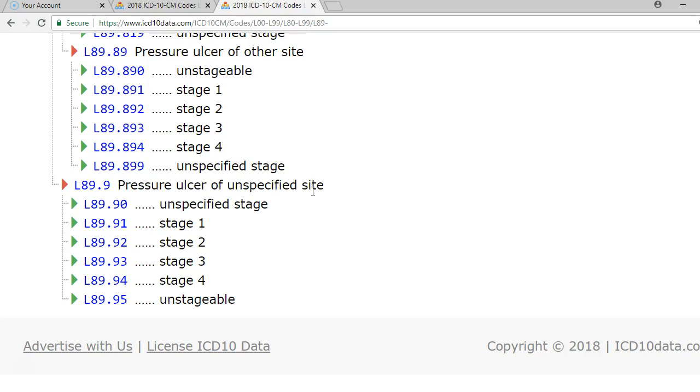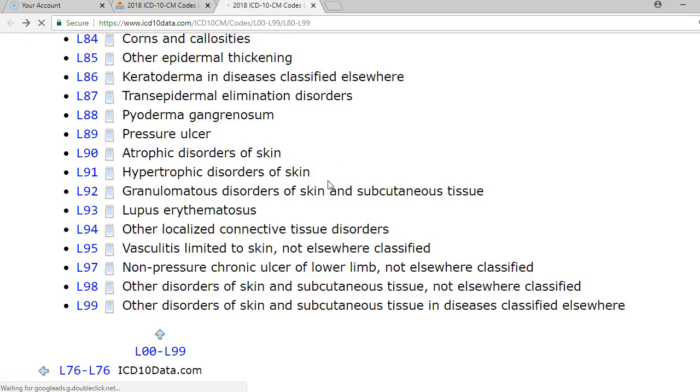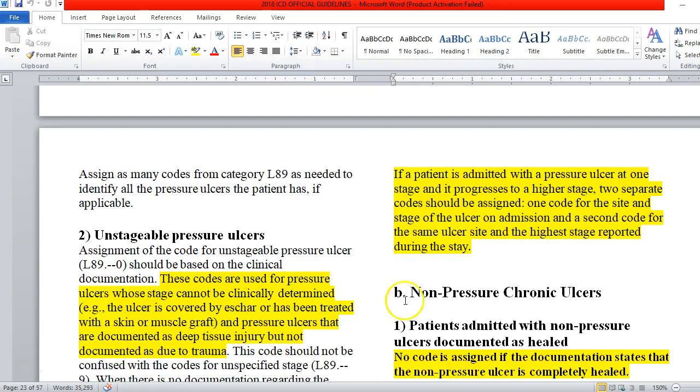So again, these are just in case codes, just in case we need to describe one of these scenarios. Now, I'm going to escape out of this because after we go over our non-pressure ulcer, chronic ulcers, then we are going to come back and look at the L97s.